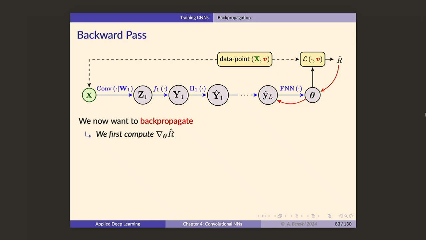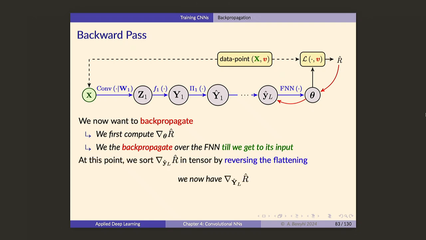OK? Now, from now on, the story is new. We are going to backpropagate up to the point where you get to the input of your feed-forward neural network. And at that point, we are going to redo whatever we did in flattening.